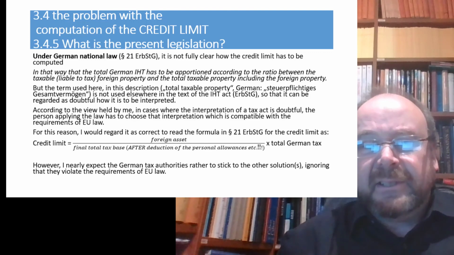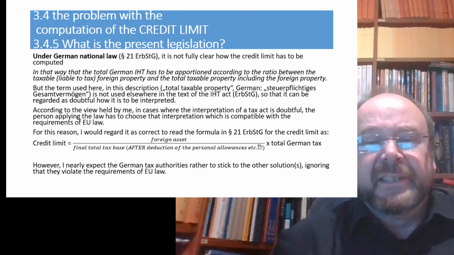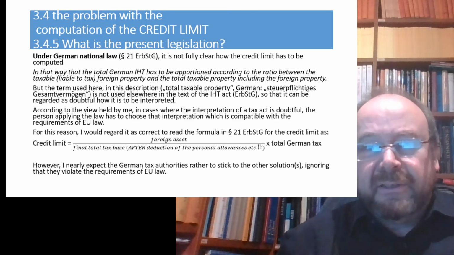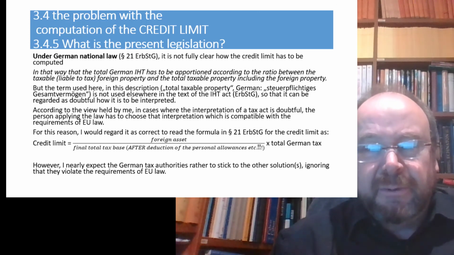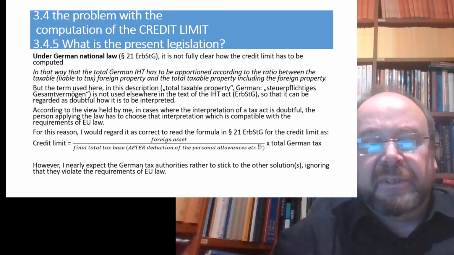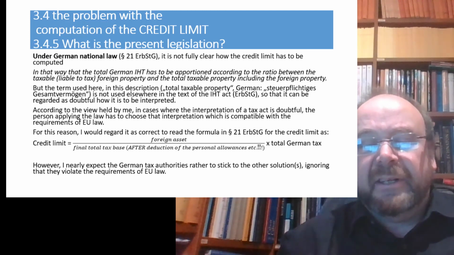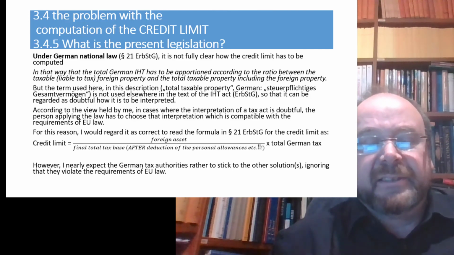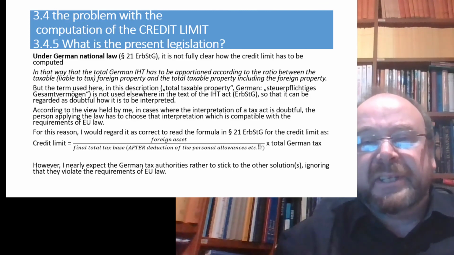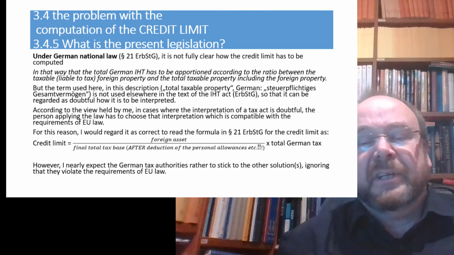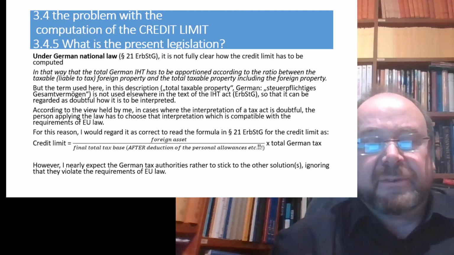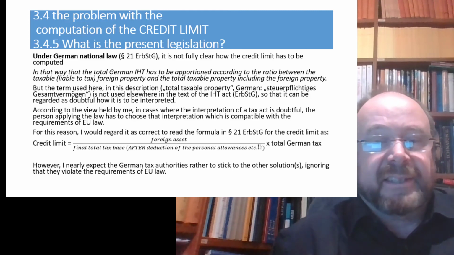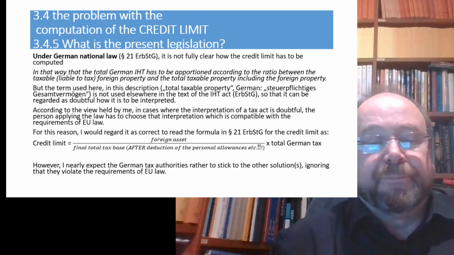So there is an interpretation method which says in cases of doubt, national law has to be interpreted in conformity with EU law, and that would recommend that the formula in paragraph 21 of the Erbschaftsteuergesetz should be interpreted as foreign asset divided by the total tax base after deduction of the personal allowances times total German tax, or even more simply, tax rate times foreign assets value is the credit limit.